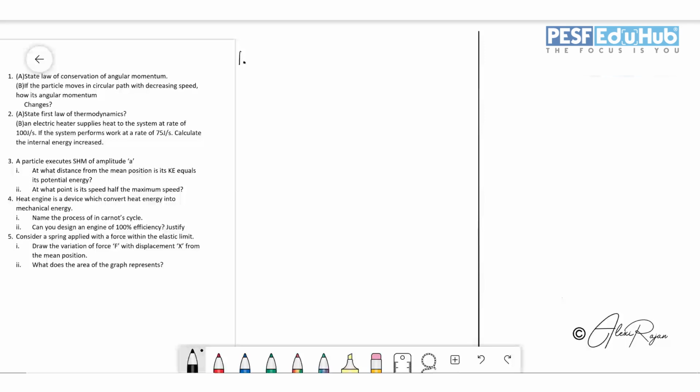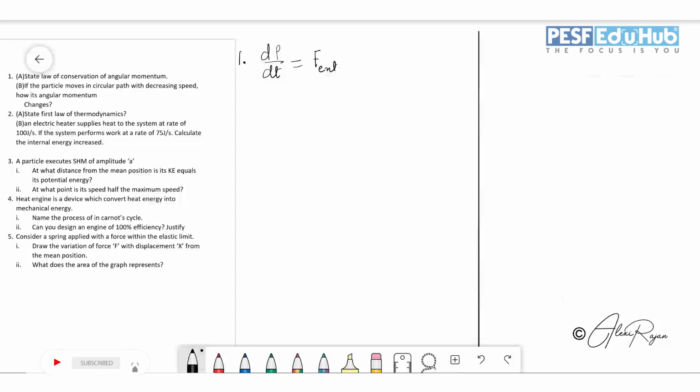In the linear type of motions, you know that from Newton's second law, dp by dt is equal to F, the external force, right? So this is Newton's second law. With respect to this thing, there is an analogy to the circular motion. Analogy means similarity.